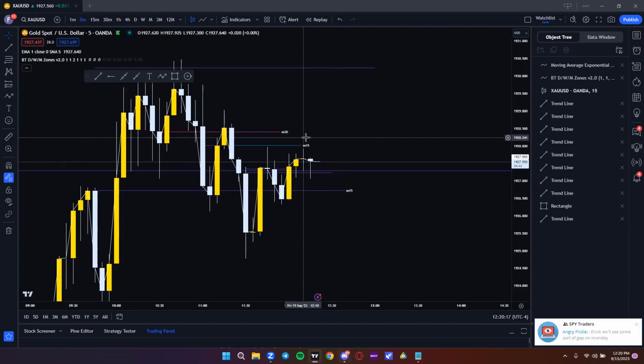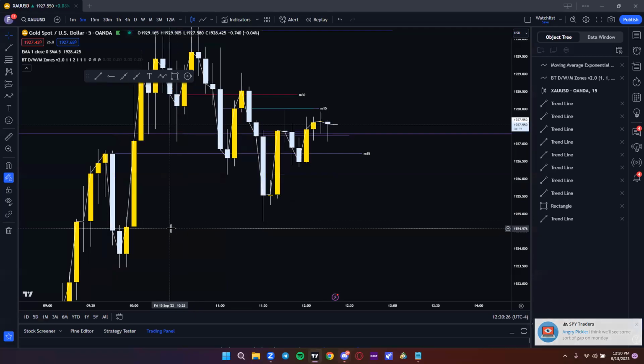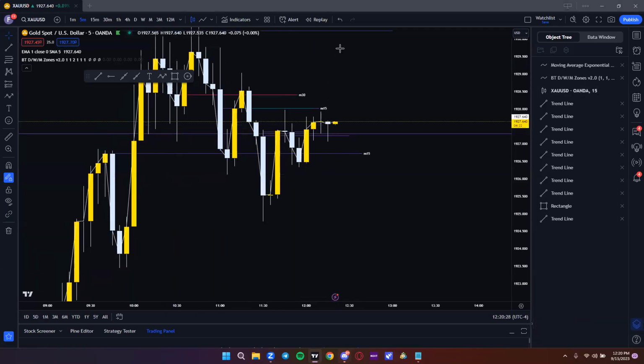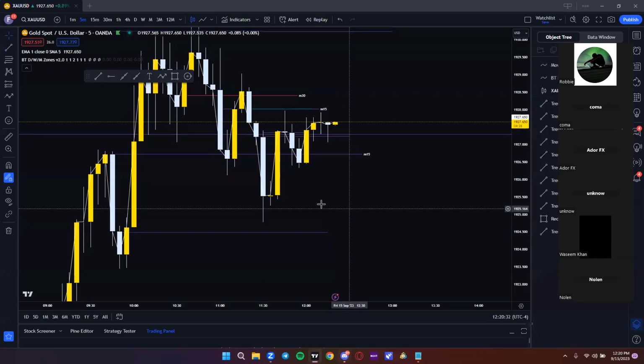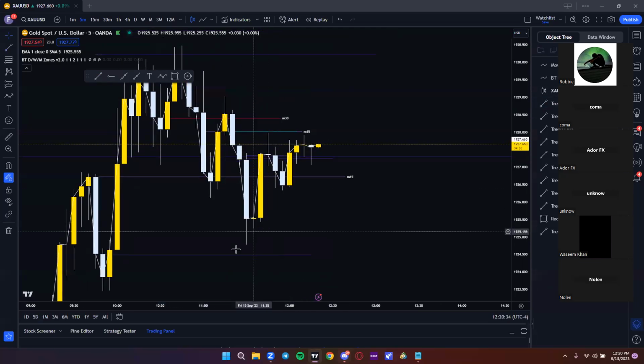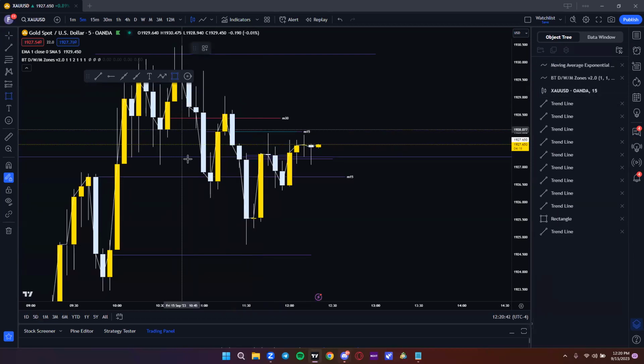My speculation, or my observation, was that this M5 led to this breakdown, right? And we also had indecision here, meaning that price didn't test anything here. Really, it didn't do anything. It just stopped, indicating indecision.